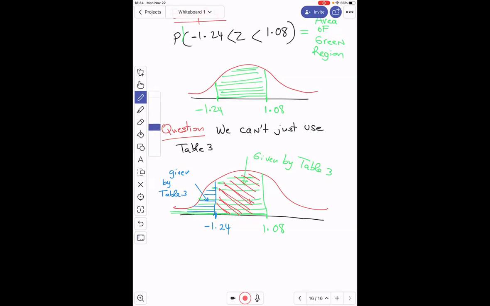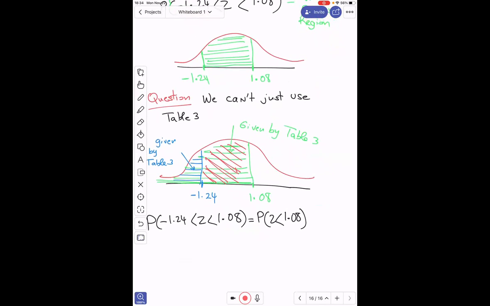So what I'm saying is that the probability that your z is between negative 1.24 and 1.08 is the probability that z is to the left of 1.08, minus the region to the left of negative 1.24.